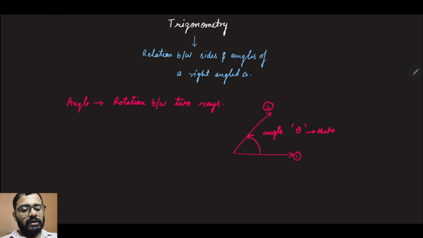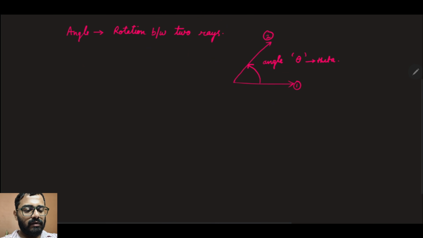Theta, as we have defined here, carries a unit also. The unit of angle is degree, which you have seen in the previous classes, and the new unit that we will use here is radian.